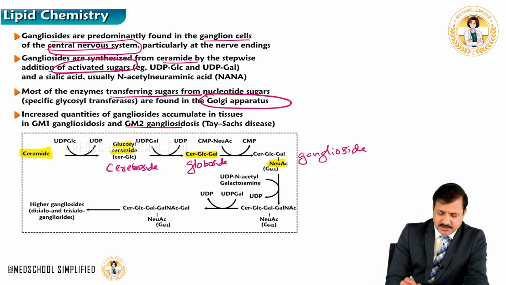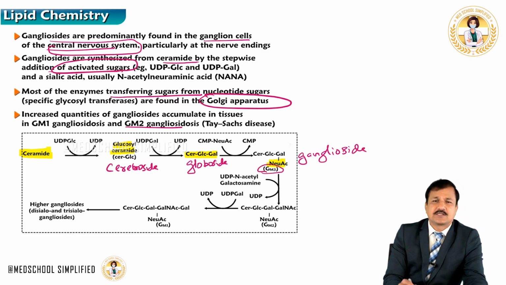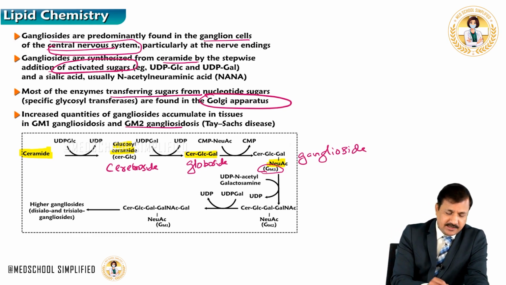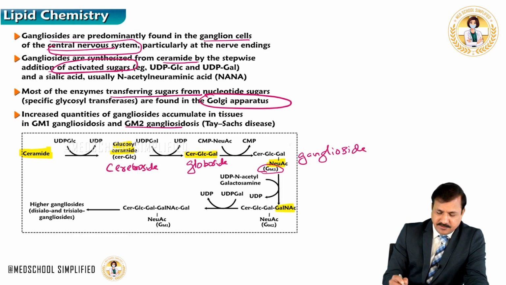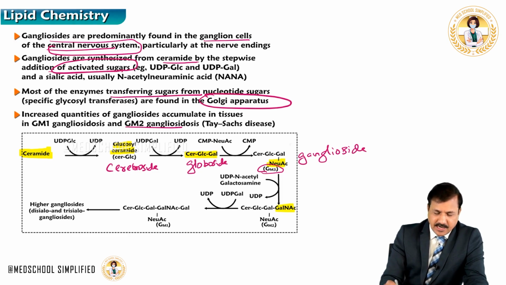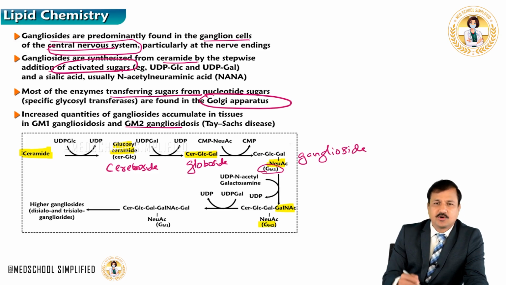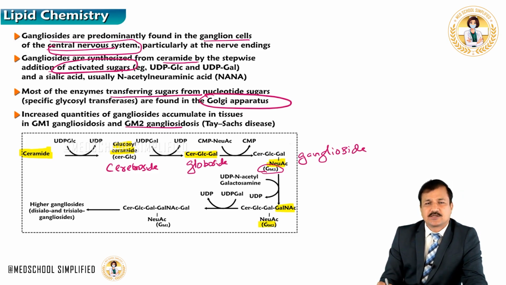So the ganglioside that is made here in the pathway is GM3 ganglioside, the simplest ganglioside. Now to this GM3 ganglioside, N-acetyl galactosamine is added, and that becomes GM2 ganglioside, a little more complex than GM3 ganglioside.